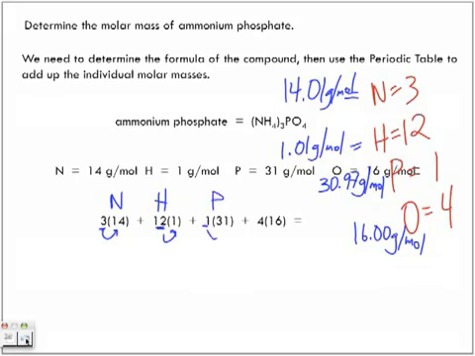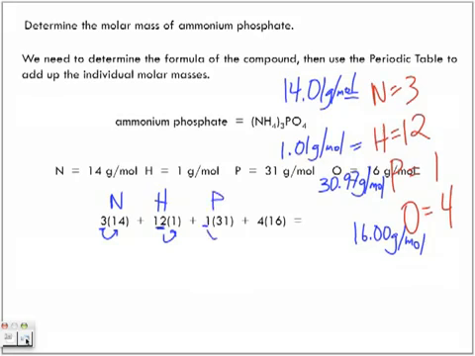With that formula, what can I find? The molar mass. So I want to find the molar mass of each of these atoms and add them all up. We get 82.04 grams per mole. So that's our molar mass.